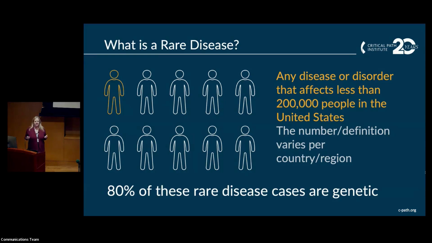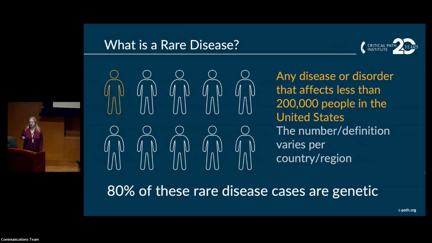In the United States, it's defined as any disease or disorder, which is also controversial how to define that, but it's a disease or disorder that affects less than 200,000 people in the United States. And like I said, the definition varies depending on the country or the region that you're in. But in the US, maybe 1 in 10 people are affected by rare diseases.